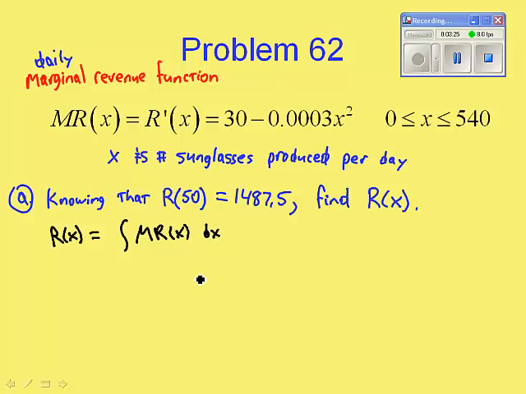Is that okay? So I need to take the integral of 30 minus 0.0003 x squared dx. Okay?